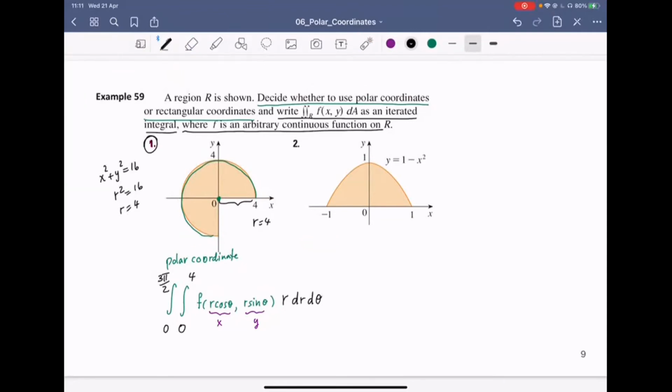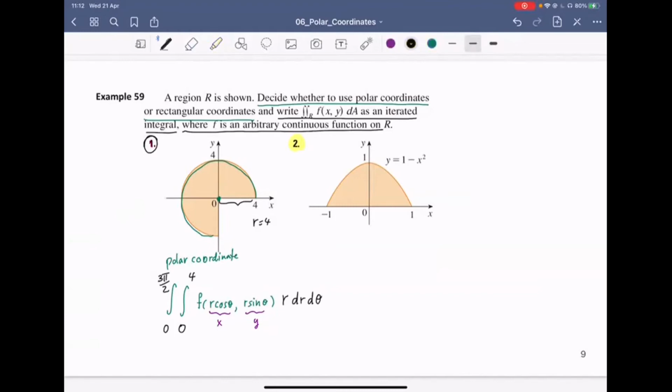Make sense? Well, I know this is the first example. If you're still struggling a little bit, well, fine. But this is how we did it in polar coordinates. Compared to the second part of this question, I told you one thing: if you can use x dy or dy dx, do that first, because polar coordinate is a little bit harder.